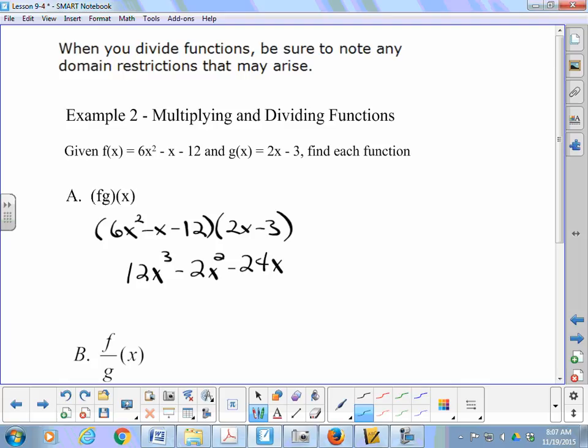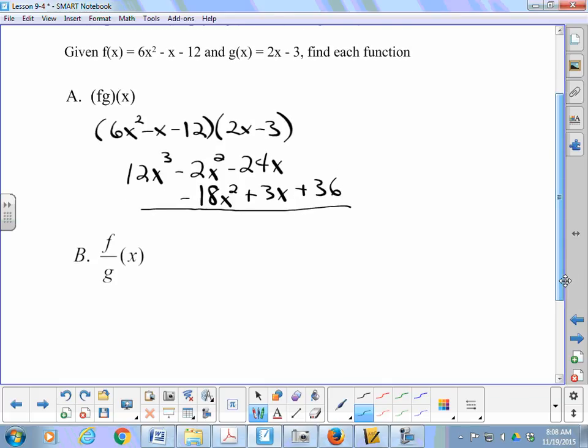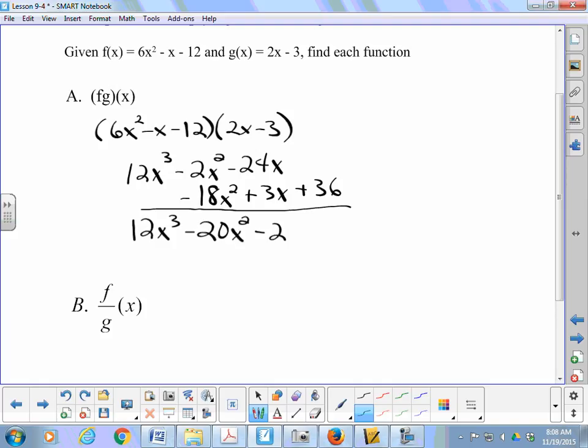And then multiply all three of them by -3. And then I'm going to put the like terms underneath for my simplification purposes. So -18x squared plus 3x plus 36. And then just combine the like terms.